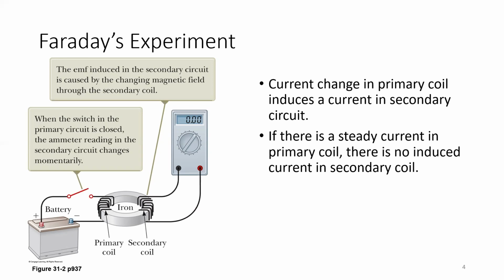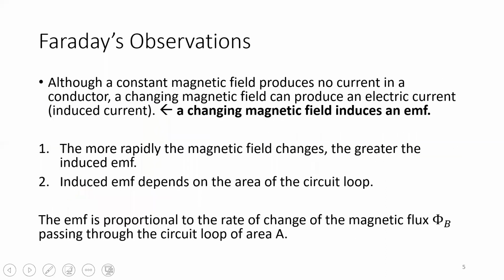So Faraday's experiment shows us that the current change in a primary coil is going to induce a current in a secondary coil. And once we reach a steady current in that primary coil, we're not going to see any induced current in the secondary coil. Faraday's observations tell us that when you have a constant magnetic field, you're going to produce no current in a conductor.